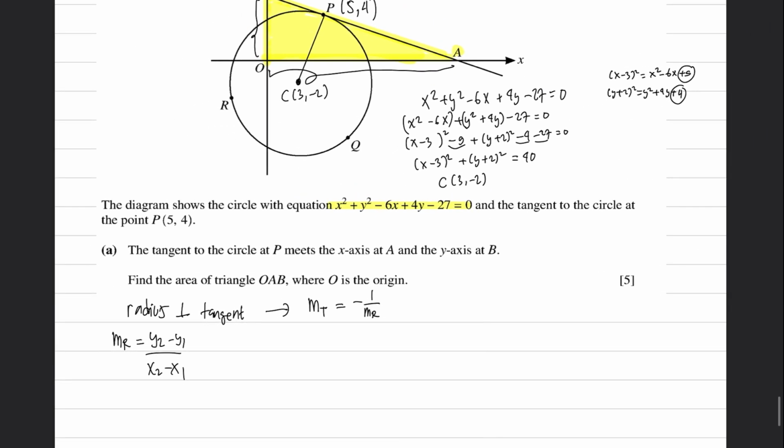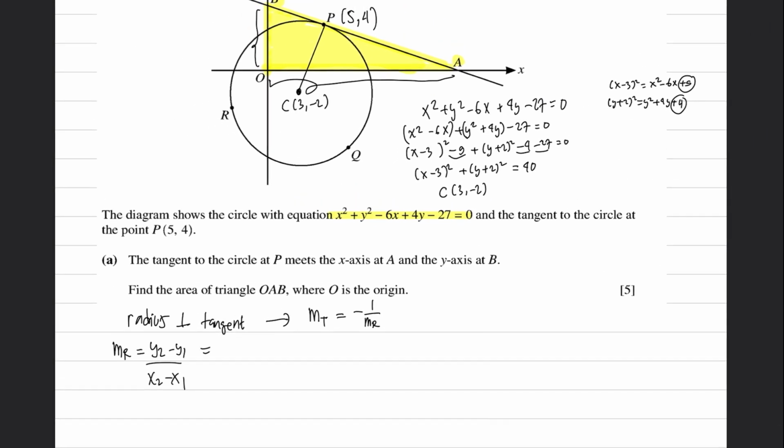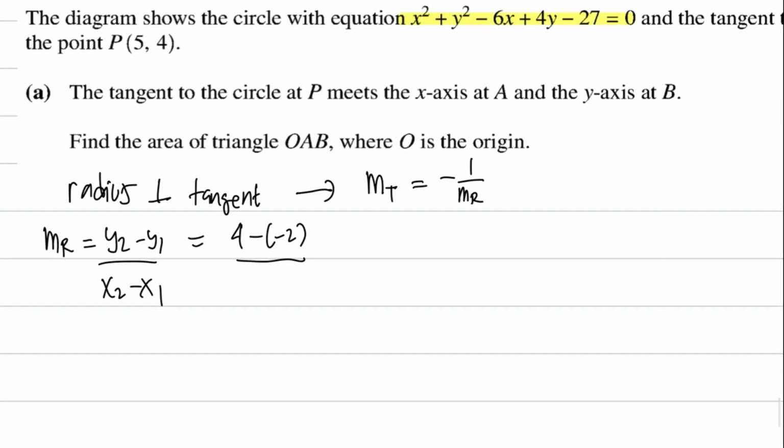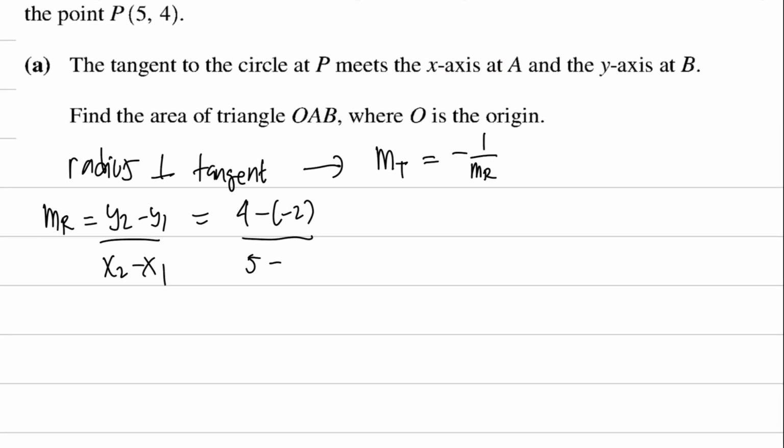From the picture, we have y2, 4 minus -2, over x2, 5 minus 3. So we get 6 over 2, which gives us a nice number, finally, 3. So the m of the tangent will be -1 over 3.